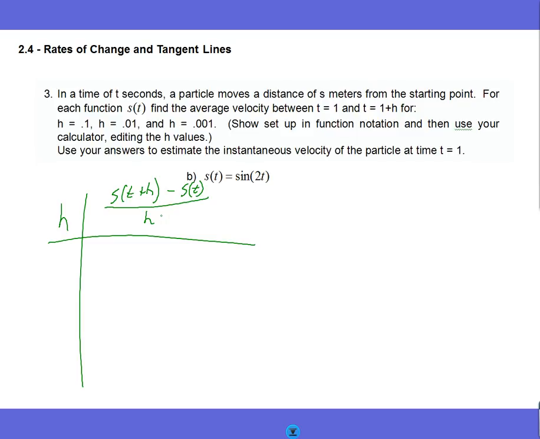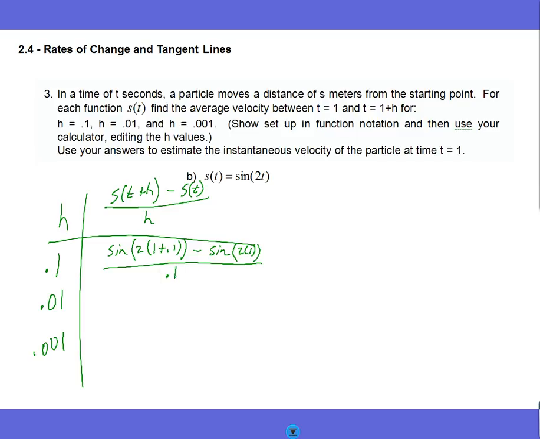And so for this first one, they want us to go ahead and try h values of 0.1, 0.01, 0.001. So for this first one, they want us to find sine of 2 times (1 plus 0.1) minus sine of 2 times 1, all over 0.1.